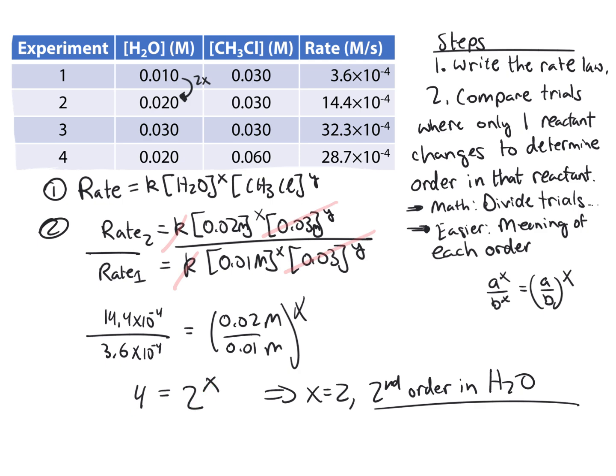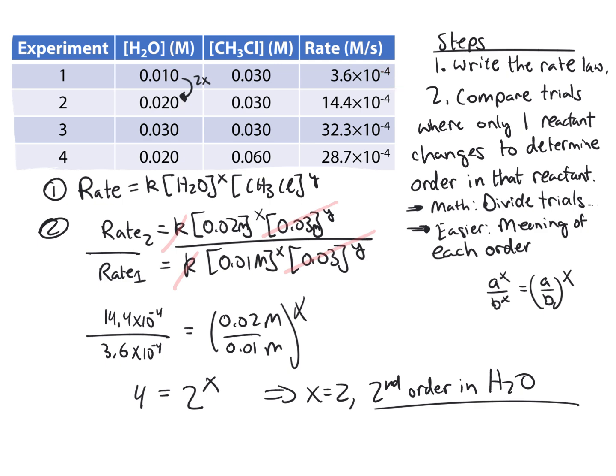So that's the mathematical approach. You don't have to do this division every time. The reason we keep the other one constant is because all that stuff always divides out. What we can just do is look at how the concentration affects the rate.